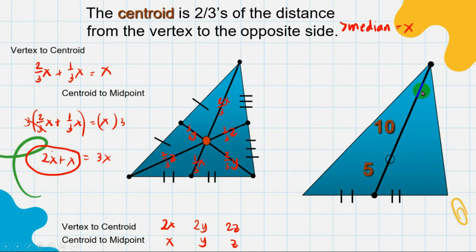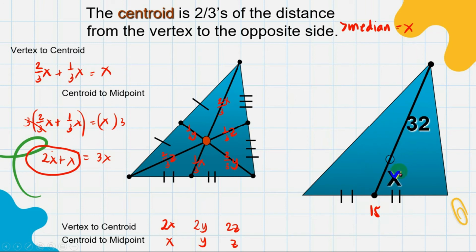So, if we have these measurements, so from vertex to centroid is 10, again, kalahati niya yung centroid to the midpoint. Or kung mapapansin nyo, yung vertex to centroid is doble nito. So, pag minultiply natin to by 2, magkakaroon tayo ng 10. At yung kabuuan ng median is, 10 plus 5 is 15. Okay? So, yun yung kabuuan ng median.